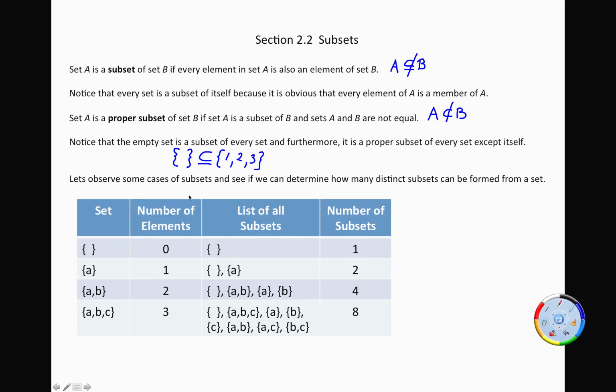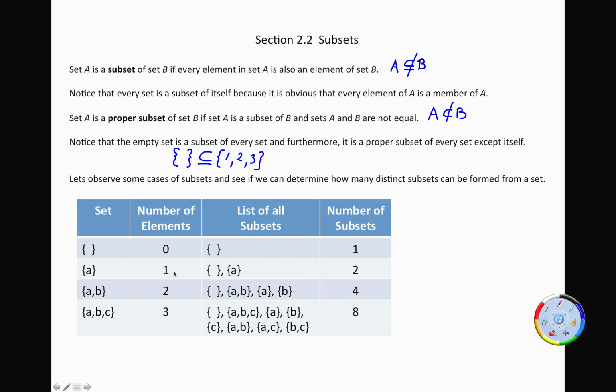Okay, let's observe some cases of subsets and see if we can determine how many distinct subsets can be formed from a set. Okay, so here's the empty set with no elements. Let's list all the subsets. Obviously, it's only the empty set, so the number of subsets is 1.